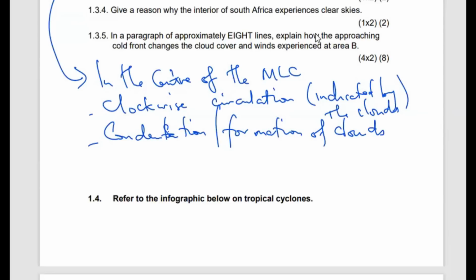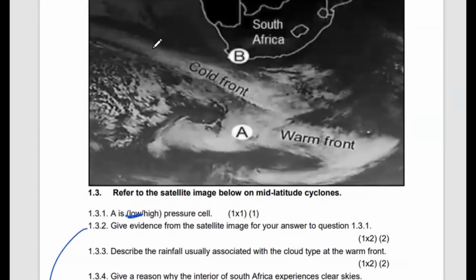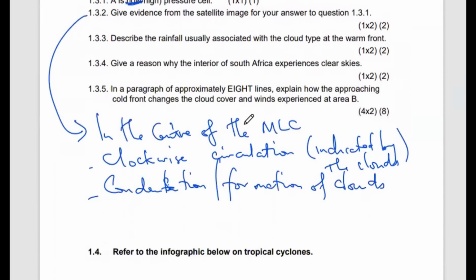We cannot have clouds if we are having an anticyclonic system. If the center of the system was anticyclonic, it means it was going to give us clear conditions. But because we are having evidence of condensation taking place, because of the formation of clouds that you are seeing there, that white illustration here is in the form of a cloud. These are clouds that you are seeing. So for these clouds to effectively form, it means we have a low pressure system at the center of the system here. We cannot have cloud formation if you are having anticyclonic conditions.